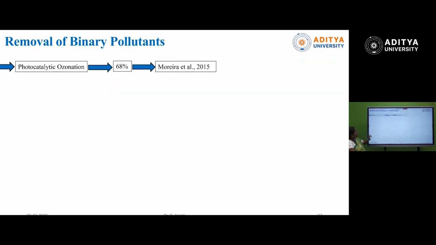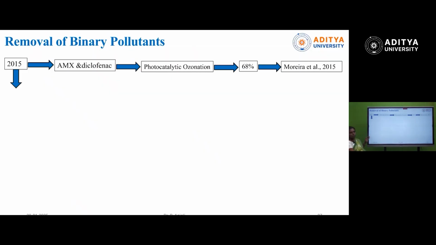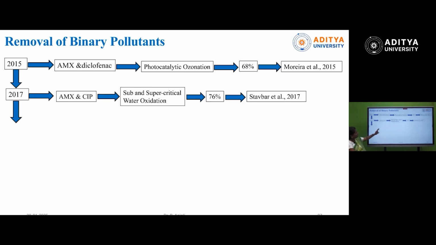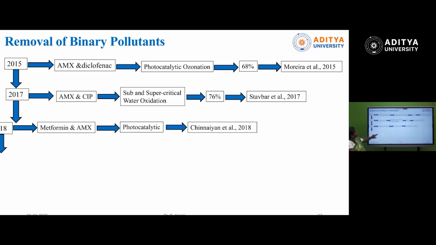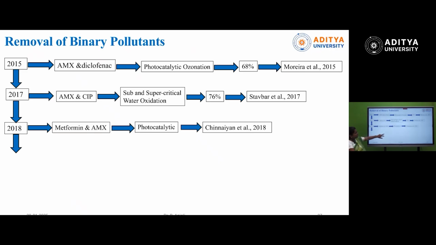Later, from 15 onwards, slowly the research focused on removing binary pollutants. In 2015, they used two pollutants at the same time with a combination of photocatalytic ozonation, and 68 percent removal was achieved. Next you can see in 17, again AMX and CIP. Here I am completely showing the binary pollutants with a combination of treatment methods. In 2018, you can see metronidazole and amoxicillin photocatalytic removal.